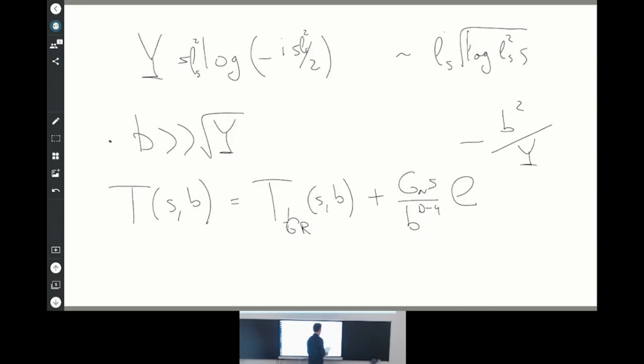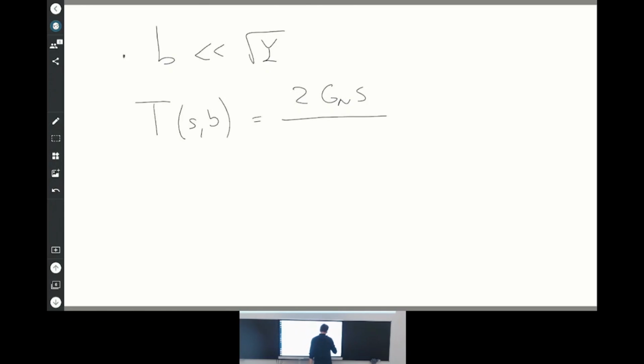So basically, when b squared approaches y, the amplitude starts developing an imaginary part, which is related to production of strings in the direct channel, and this is what we got before. So the basic point is that when b approaches this logarithmically enhanced scale, we expect that. You see that it's imaginary because y has this minus i. If you expand that, you will see that it has an imaginary part.